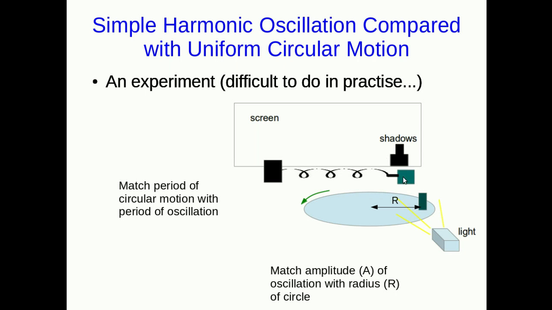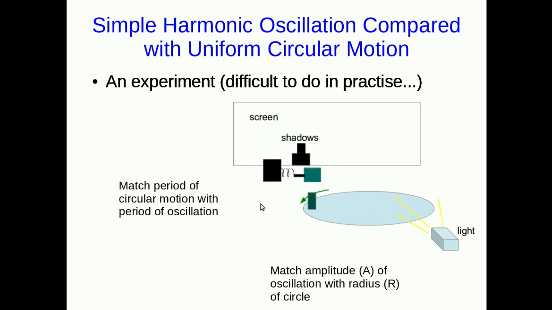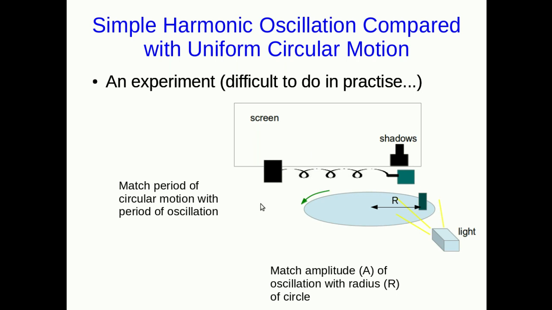And you set it up so that at the moment you release your mass, the shadows are on top of each other. And what you find then, as you watch it, is that the shadows stay exactly in sync with each other. They go around the circle in lockstep. Now, if you think about that, that's sort of surprising. These are very different motions. This thing is going in a circle.